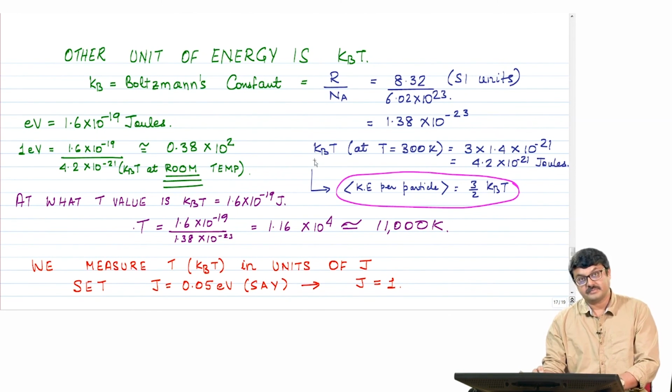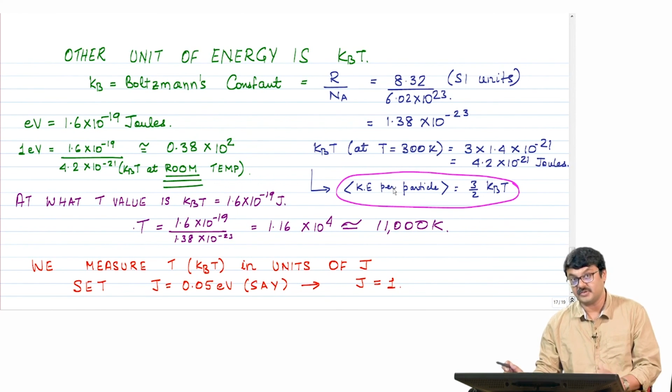kBT has units of energy. You might have read in your statistical physics course that using the equipartition theorem, the kinetic energy per particle of a monoatomic gas is 3 by 2 kBT. Kinetic energy is essentially units of energy.